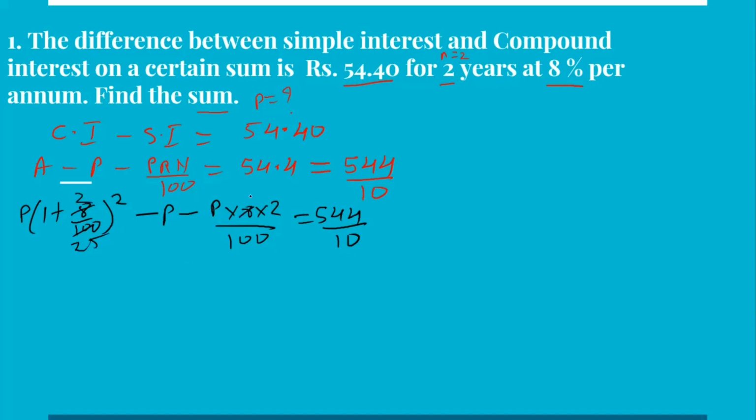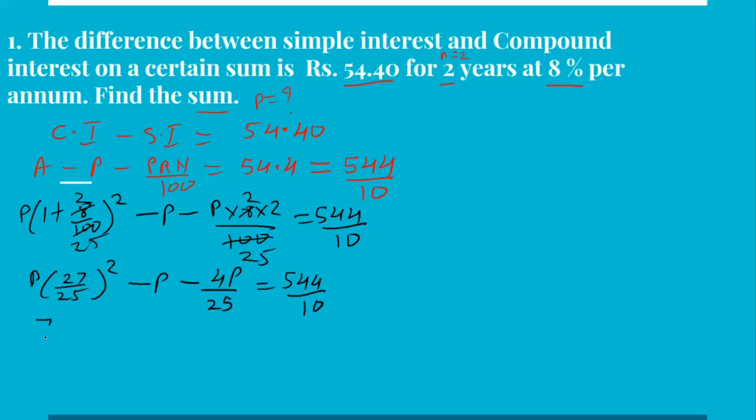Here again we can divide. Now 2 and 25 cannot be divided by any common factor, so 25 is the LCM. So 25 plus 2 we get 27 upon 25. So P times 27 upon 25 squared minus 2P upon 25 is equal to 544 upon 10.